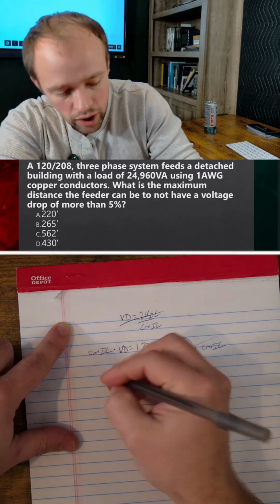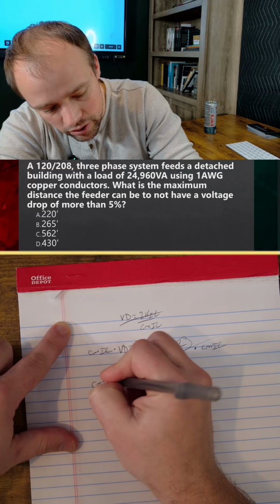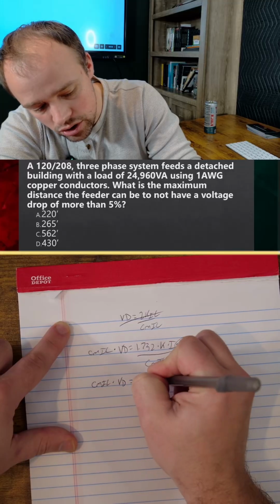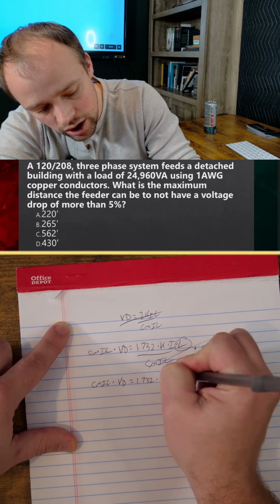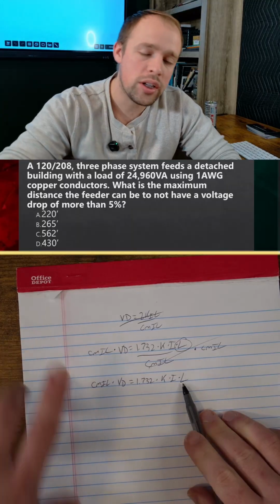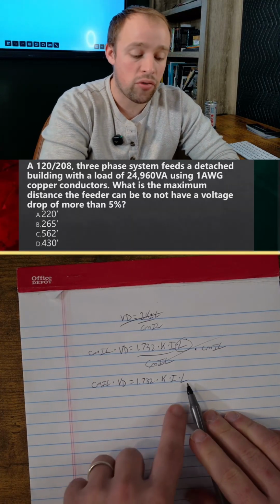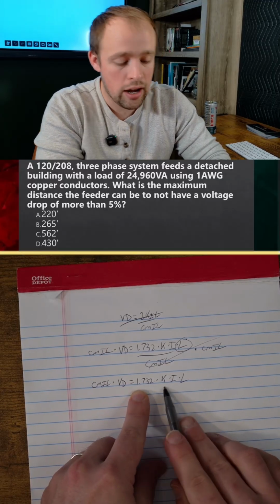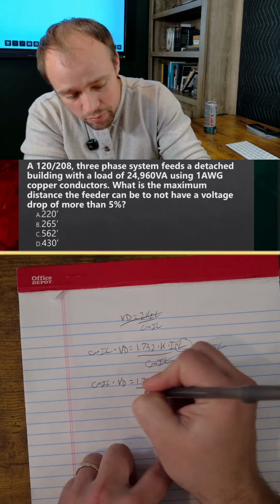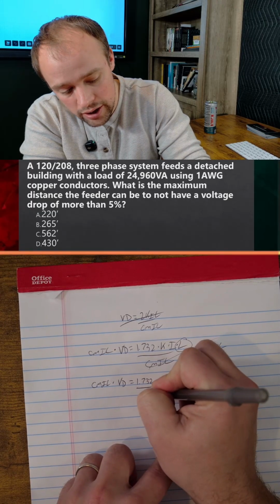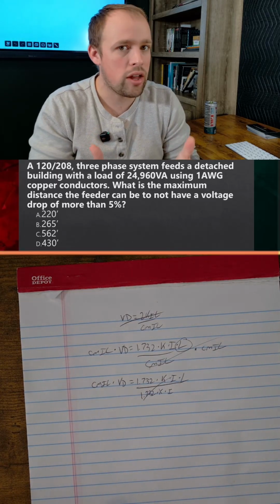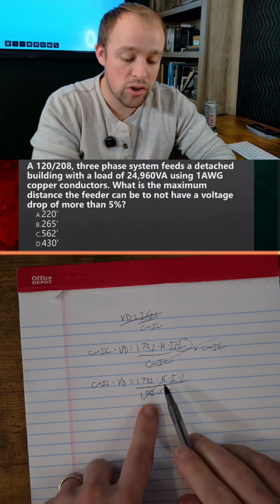I'm going to rewrite this as circular mills times our voltage drop equals 1.732 times K times I times L. Remember, we still need to get L by itself, and right now it's being multiplied by 1.732, K and I. So we divide by 1.732, K and I so that it cancels out. Again, what we do on one side of the equation, we have to do on the other side.